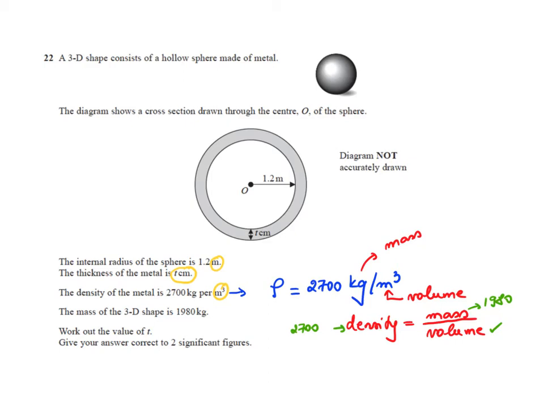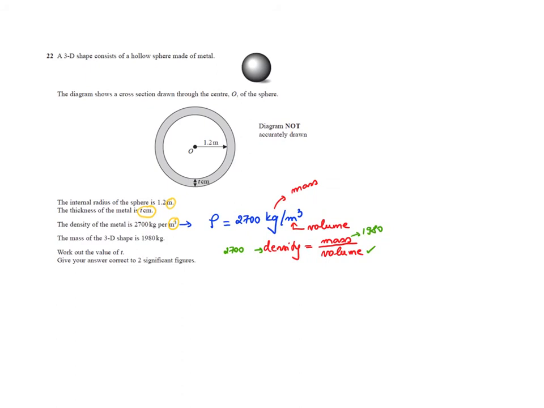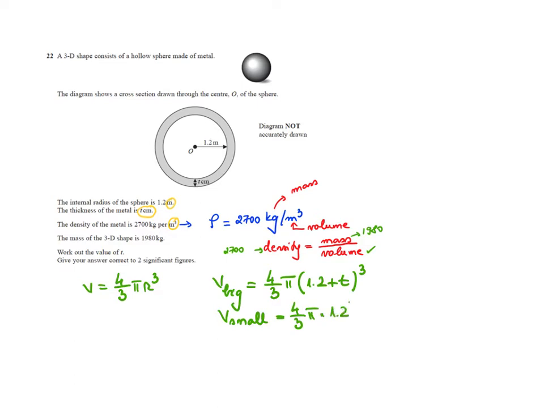So let us look at the volume. Volume of a sphere is 4 over 3 pi r cubed. Therefore, the volume big is 4 over 3 pi, and the radius is 1.2 plus t, and the whole radius is cubed. Volume small is 4 over 3 pi times 1.2 cubed.